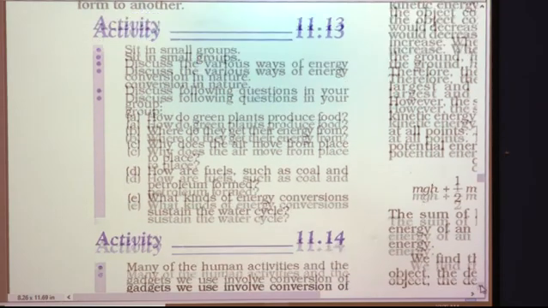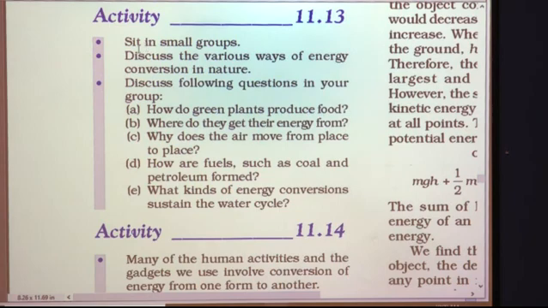Activity 11.13. Sit in small groups and discuss the various ways of energy conversion in nature. In nature we find that different forms of energy get converted into other forms in different situations. Discuss the following questions in the group.